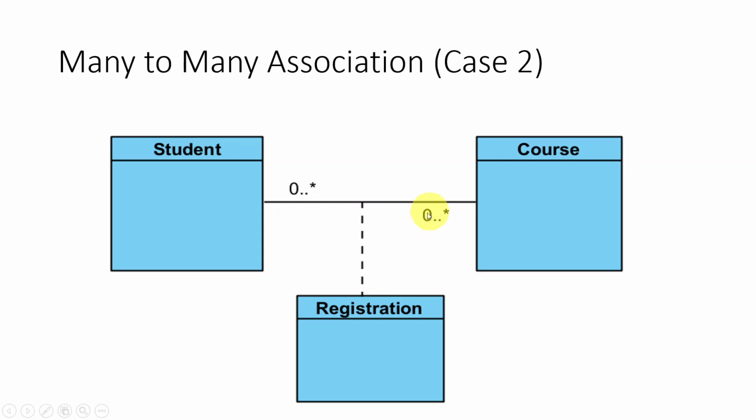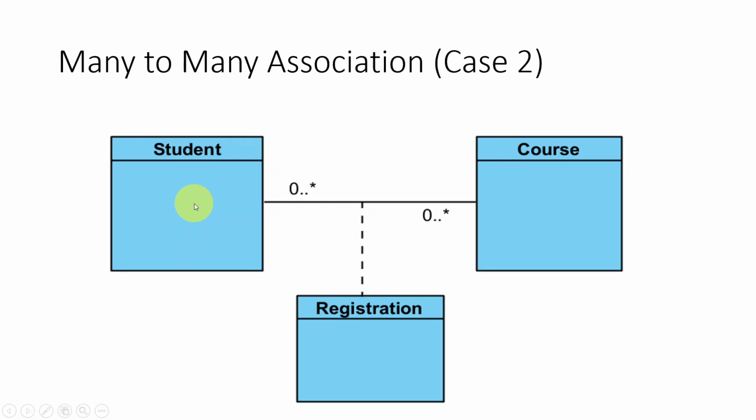But if you are interested in additional information about that many-to-many association, then we introduce a connecting class as well. We call it the associative class. For example, let's assume that a student can enroll in many courses and courses may have many students.